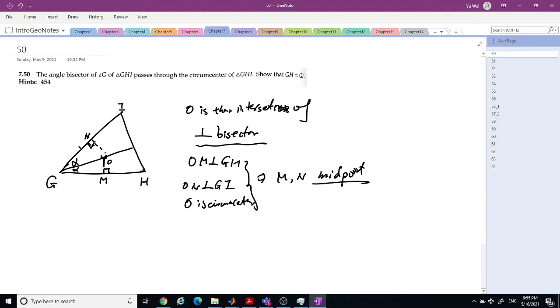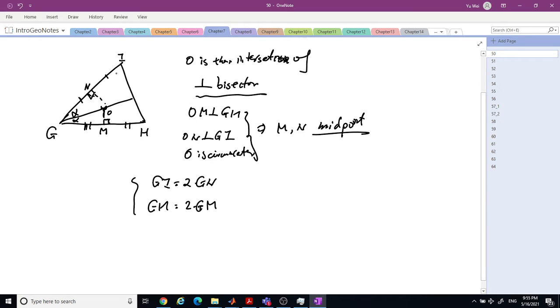So now we know this equals this, and this equals this. Then we have GI is 2 times GN, and GH is 2 times GM.